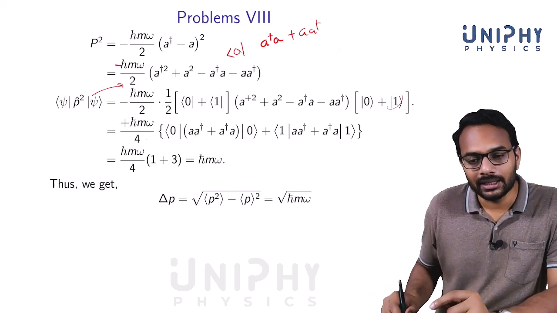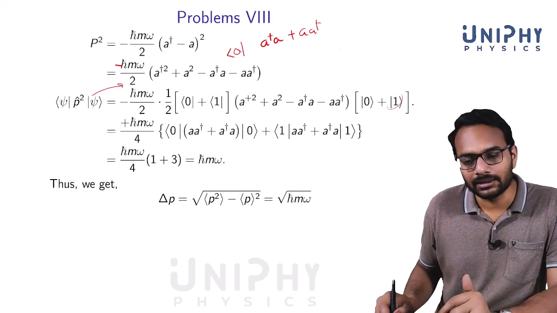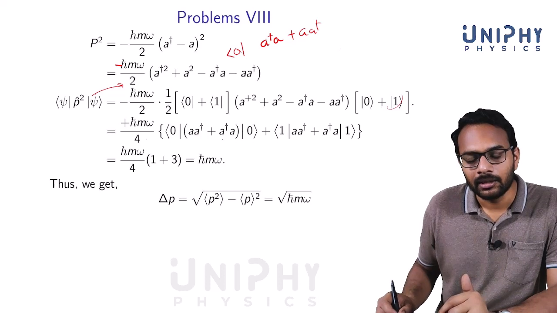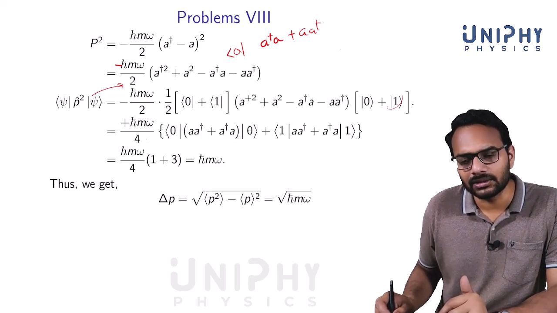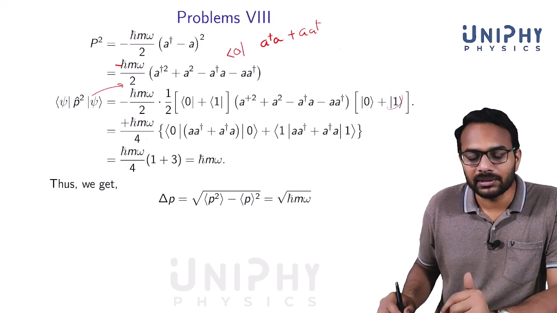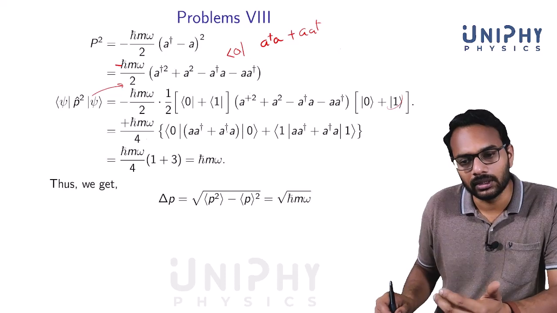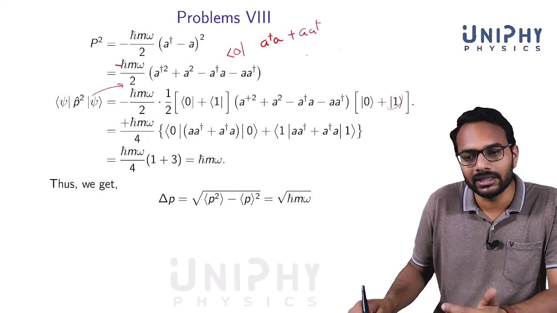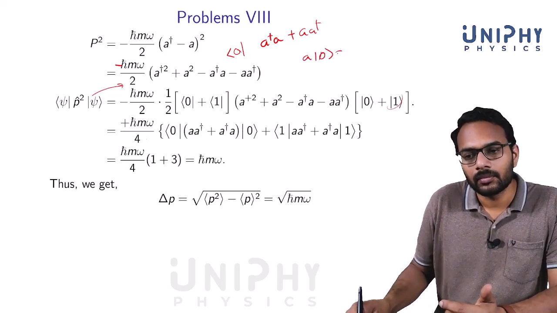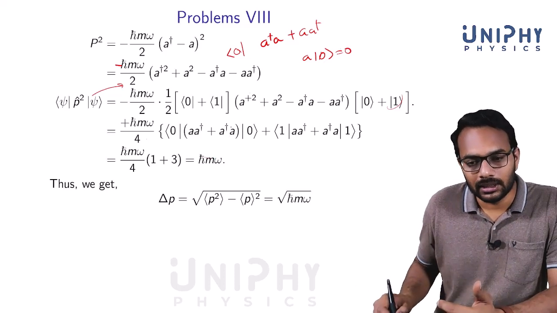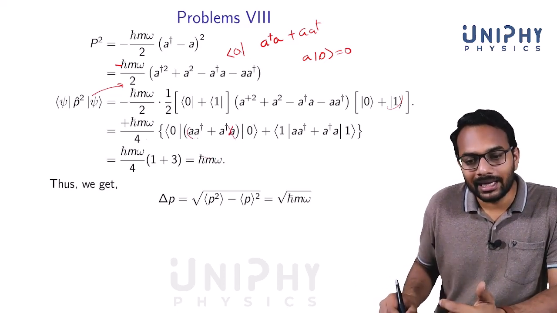Here it's a dagger plus a dagger a acting on 0. What happens when a dagger a acts on 0? You get 0, because a acting on ket 0 is 0 by definition. So let's not worry about this term. What happens to a dagger acting on 0?